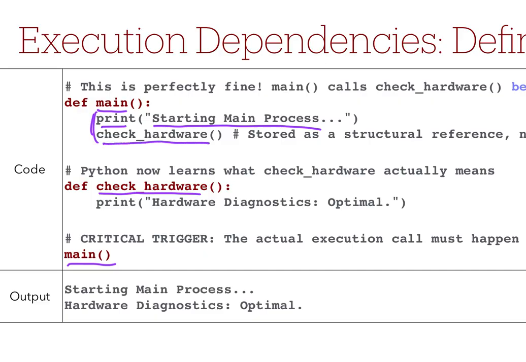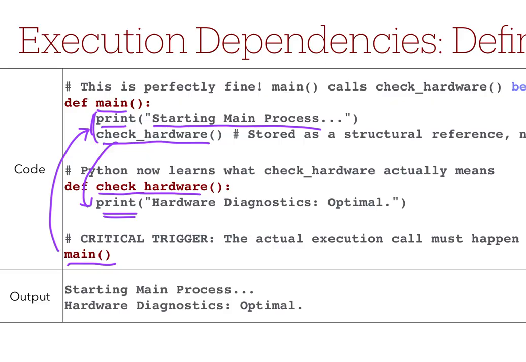And at that point, when I call this main function, it goes inside the main and then runs the print function, and then it will try to run the check hardware function. And at that point, the Python interpreter will go inside of this check hardware function, and then it will try to run this code. Okay?